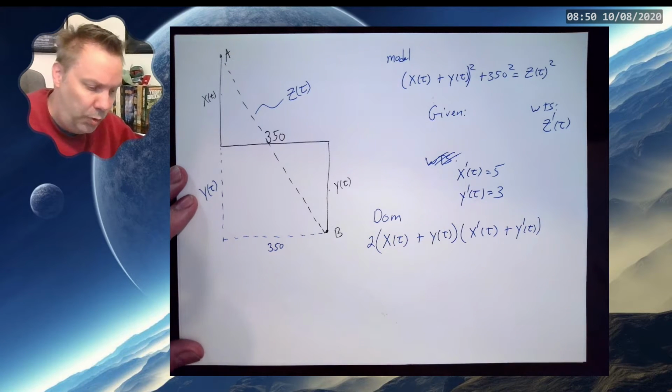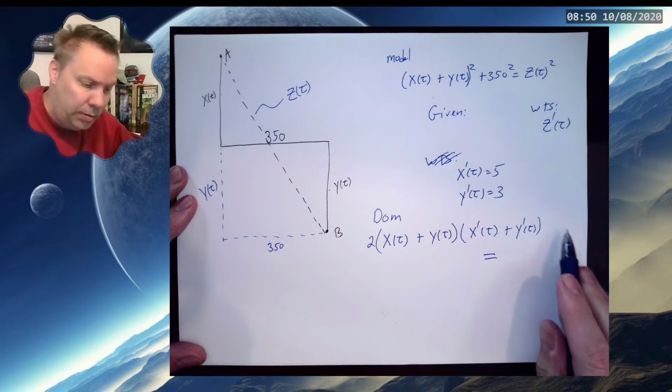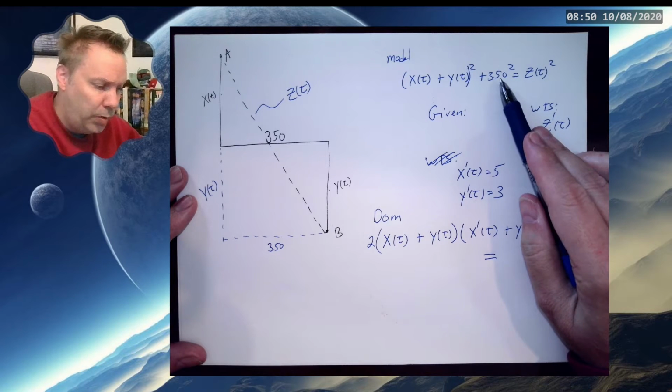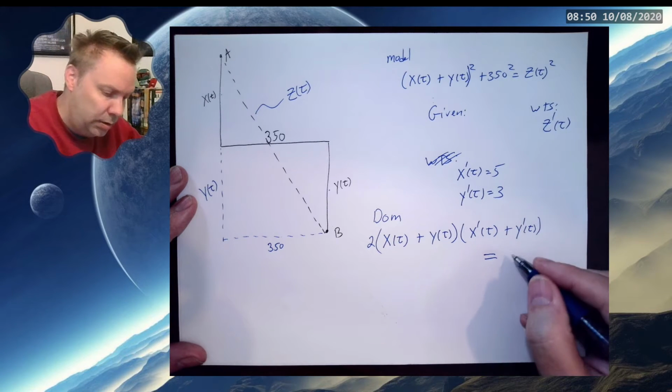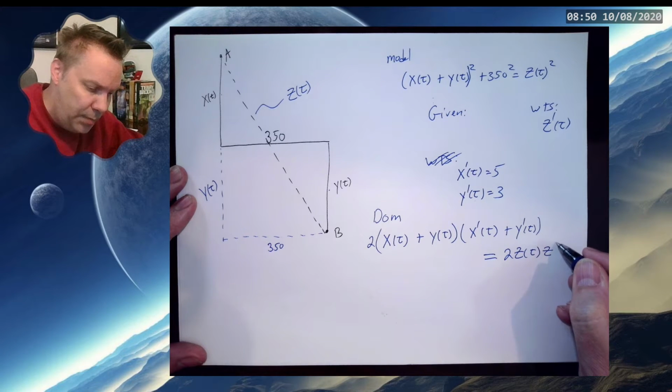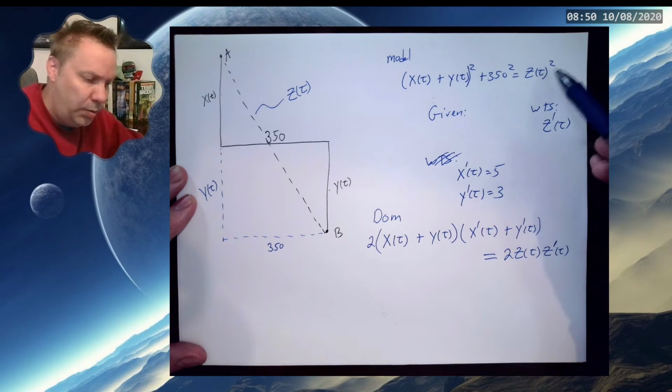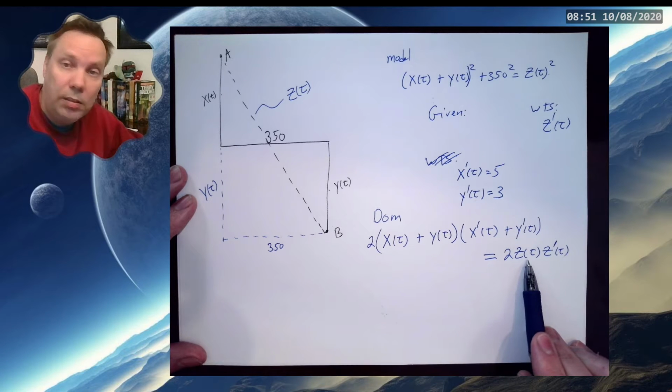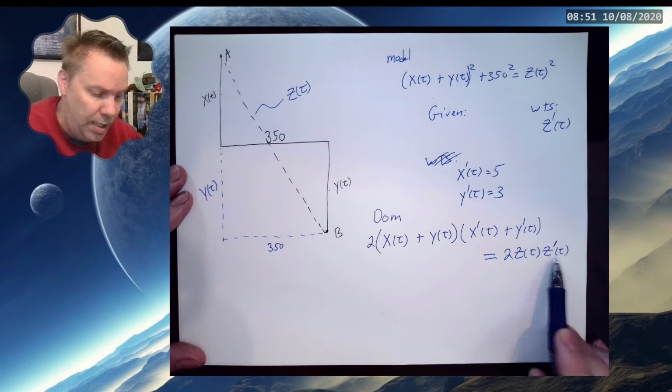I just used the sum rule, is equal to, I'm not going to have enough room here, the derivative of 350 squared is 0. The derivative of z of t squared is 2 z times z prime of t. So z squared, drop the power, leave the inside alone, take the derivative of the inside.